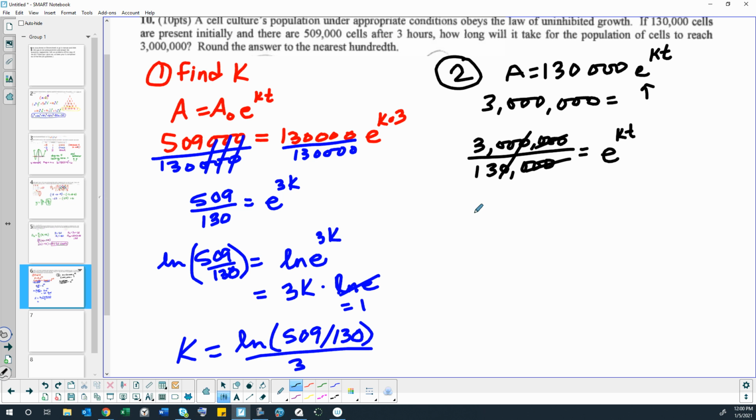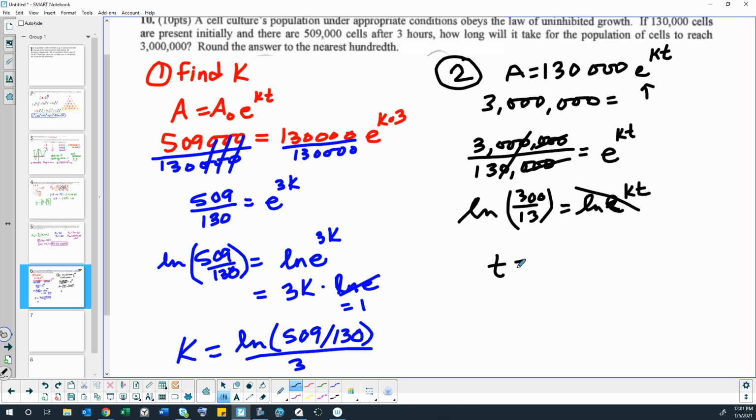All right, so then I can natural log both sides. So I have the natural log of 300 over 13, and that equals the natural log of e to the kt. Keep in mind that we know what k is, we're just not writing it down right now. So then natural log of e turns into 1.